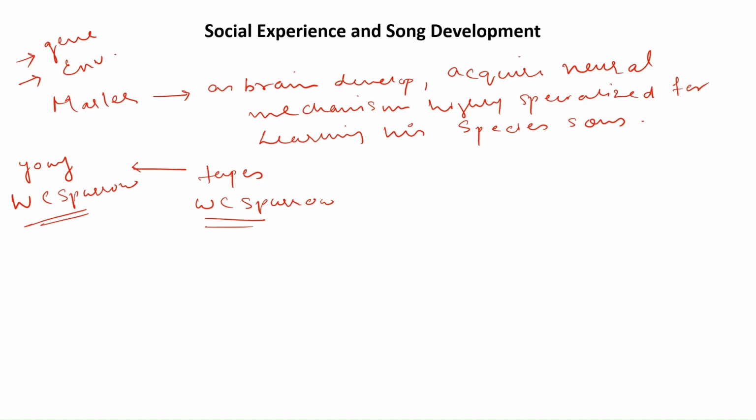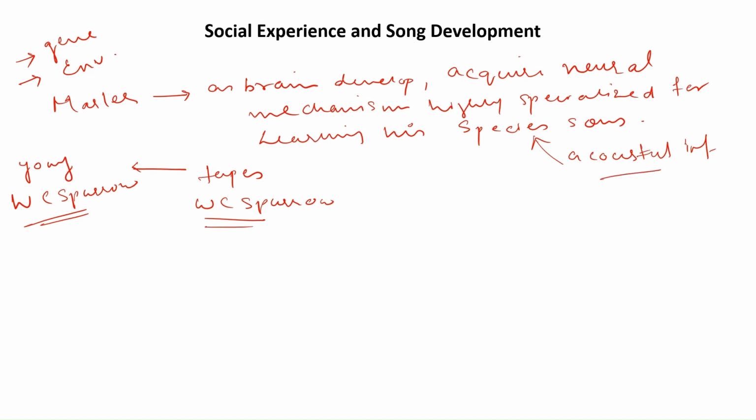Therefore, Marler interpreted that as the brain develops, they acquire neural mechanisms that are highly specialized for learning their species song only. Now, such information is known as acoustal information. When we learn from what we are hearing, that is acoustal information.